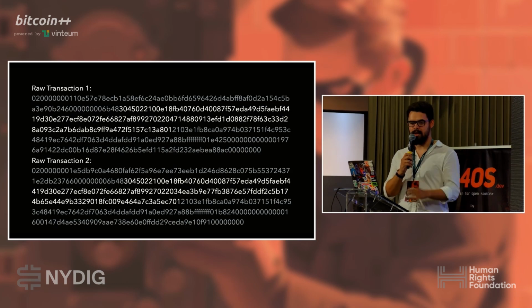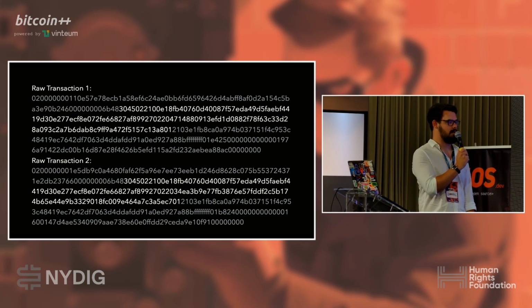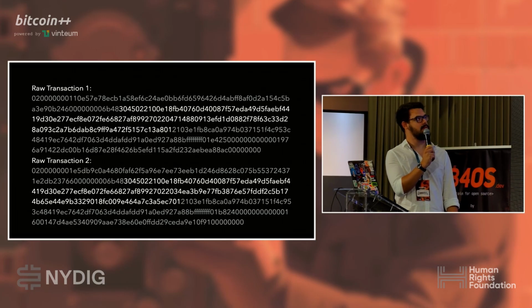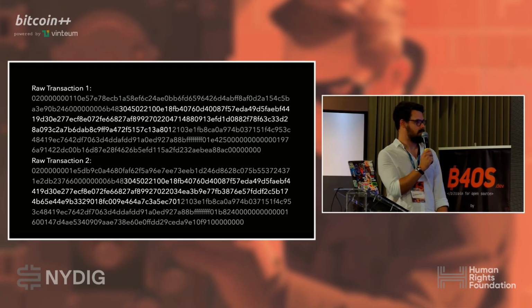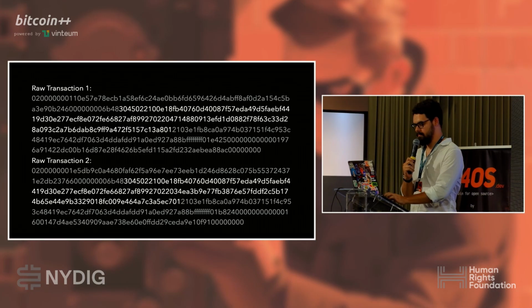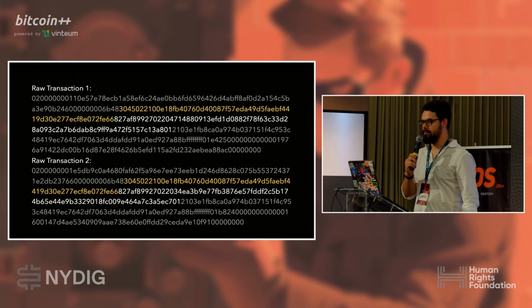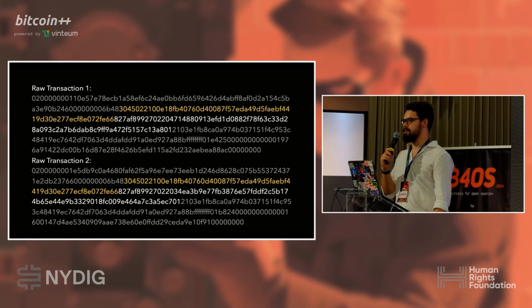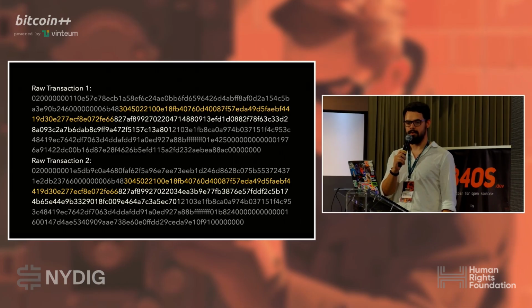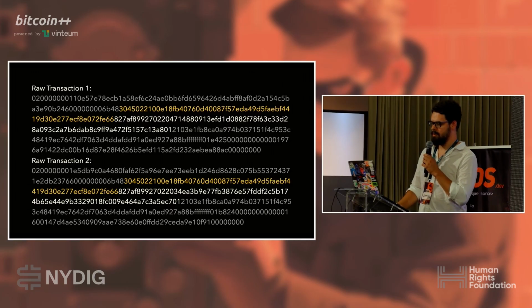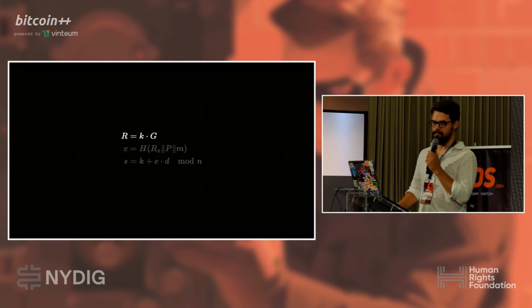But if you pay attention, if we look into the signatures, they're kind of similar, right? Because the first part, as I just told you, is the nonce. So they have the exact same nonce. And that's an issue. Let's see why.